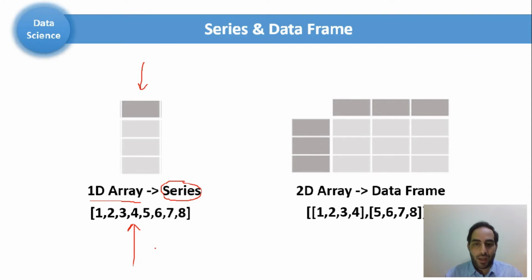Now the moment we have a table, that means we have a 2D, we have multiple rows and multiple columns. In this case we call it a data frame. So Pandas calls the 2D array or 2D matrix a data frame. And this is an example of how to write the data frame.